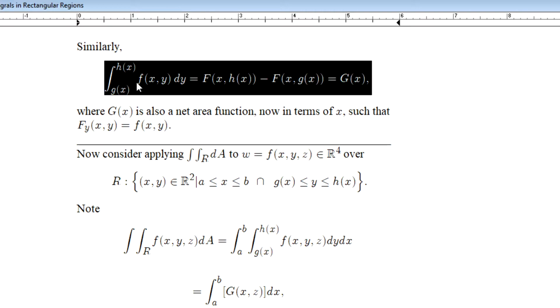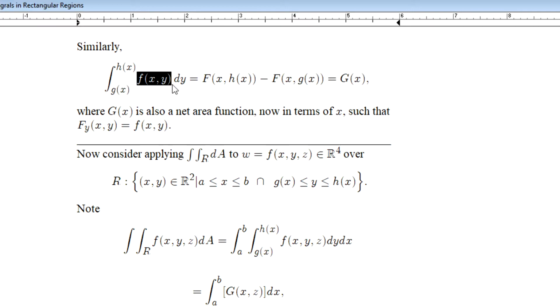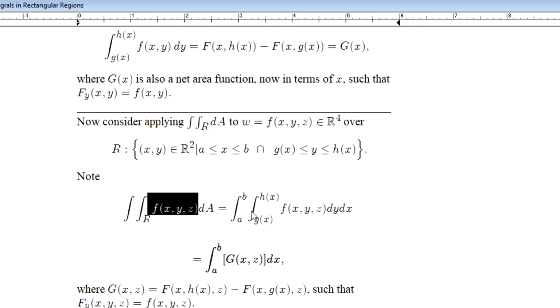Except this idea is now going to be extended out into the case for little f of x, y, and z. If I consider integrating with respect to y across these variable bounds, what it is going to leave behind is another function, a function that involves the two remaining independent variables x and z.